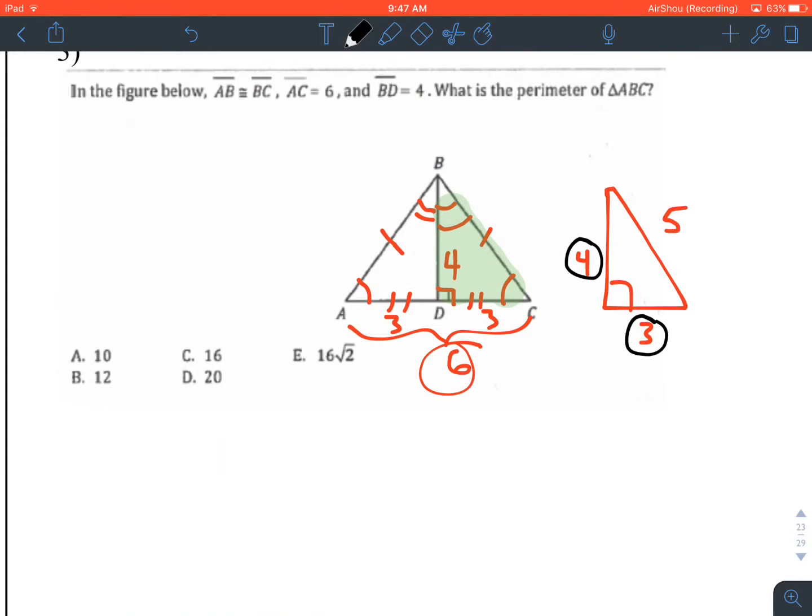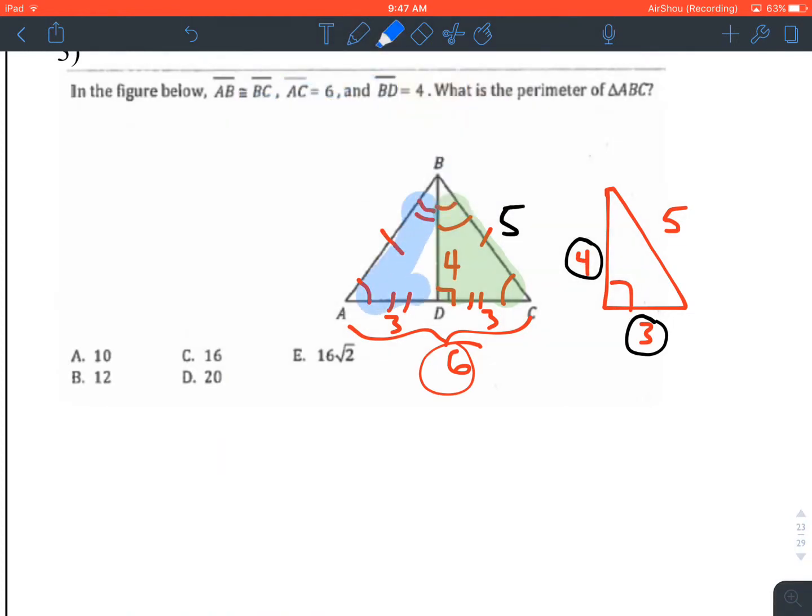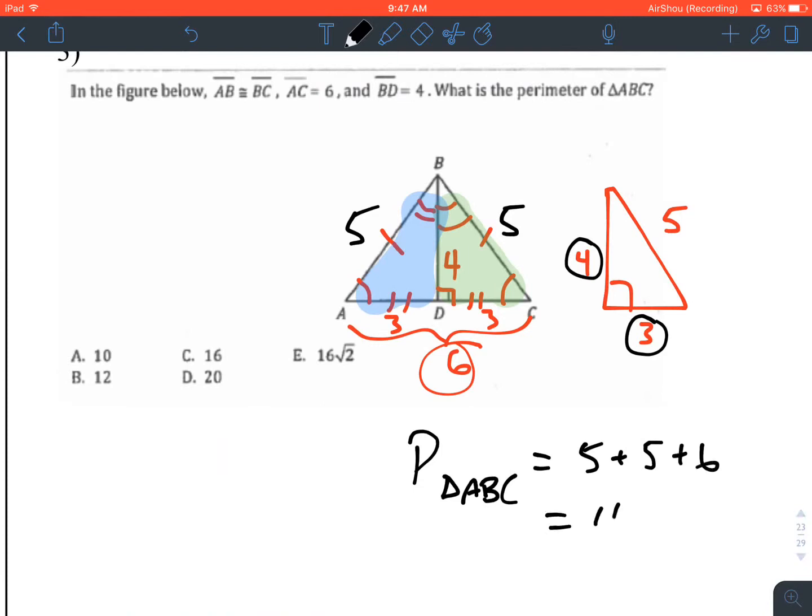Add those, you get 25. That means that the hypotenuse has to be the square root of 25, which is 5. So if we know that's 5, these two triangles are the same, that green triangle and this blue triangle. This is also 5. That's for the perimeter of ABC. So the perimeter of triangle ABC is 5 plus 5 plus 6, which of course is 16. Boom.